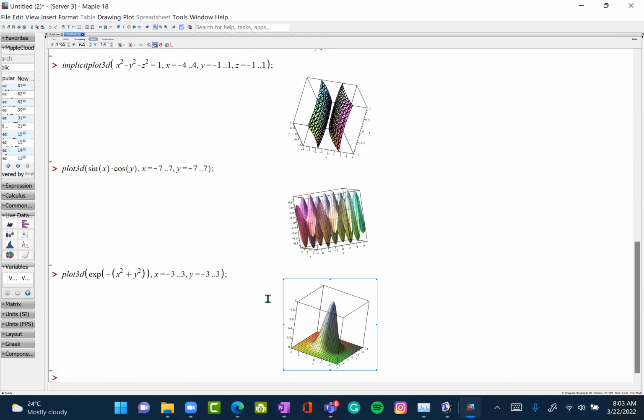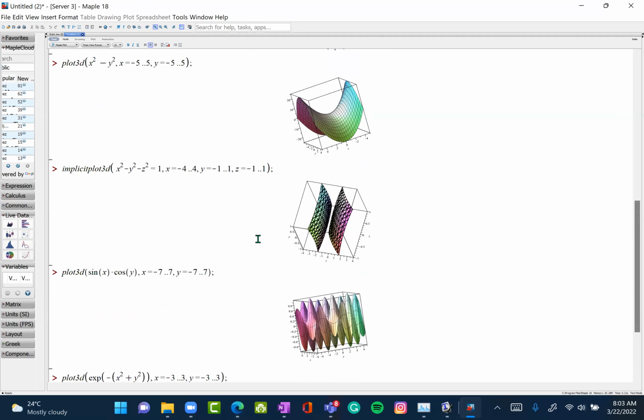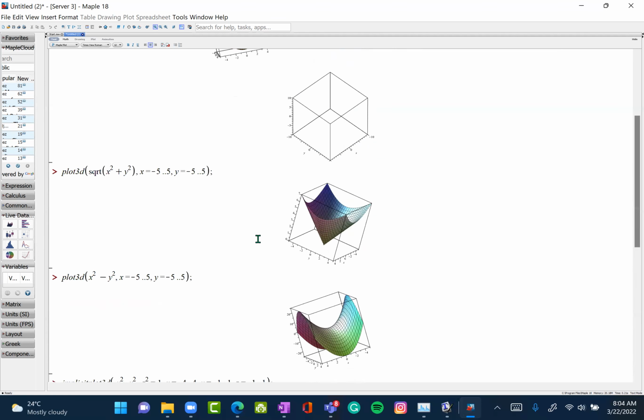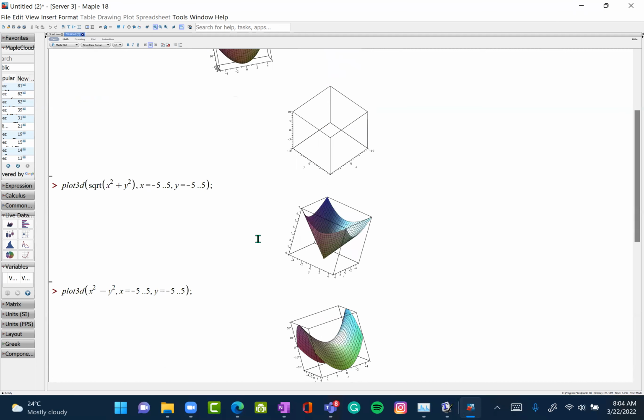So there are a lot of things you can do with this plotting. That's something I would like to show using Maple, Wolfram, and we would like to use this more often later on to show you the plots, to give you an idea about the 3D shapes.